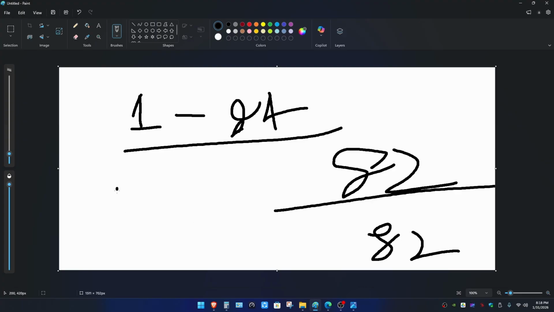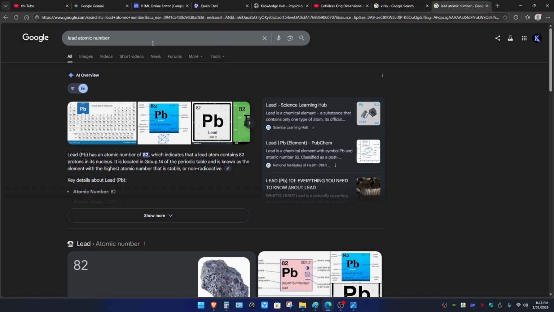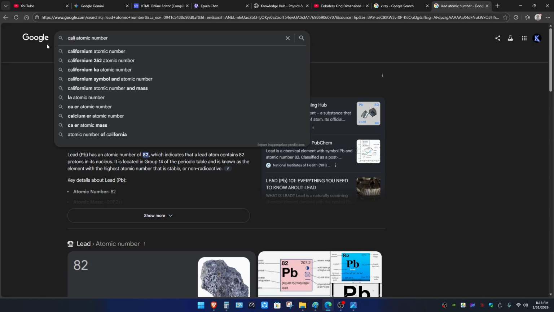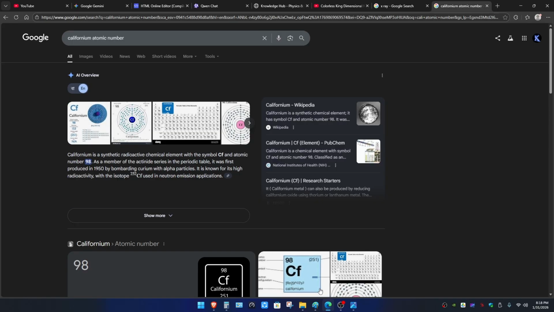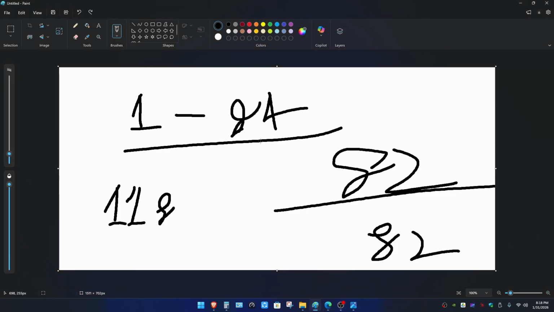So let's say organesson was 118, and californium atomic number is 98. The person who made the atom was a Russian.